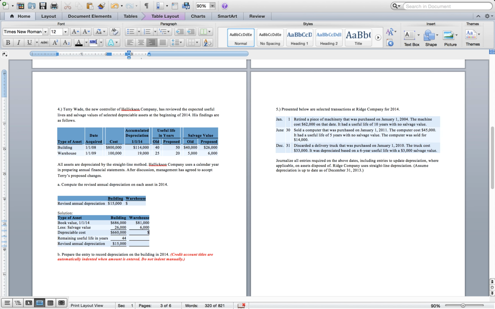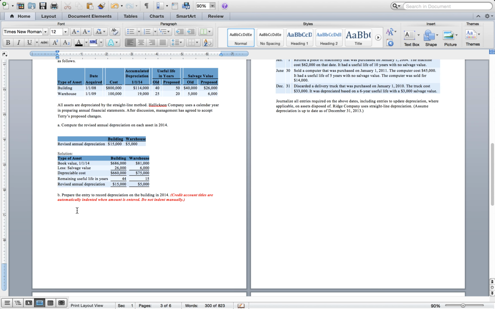Well, 81,000 minus 6,000 will be 75,000. What's the remaining useful life? Well, it was 25. Now the proposed is 20. And you've already depreciated 5 years, so you have 15 years remaining useful life. So if you take the 75,000 divided by 15, its new revised depreciation is 5,000. So the depreciation for the warehouse is 5,000.